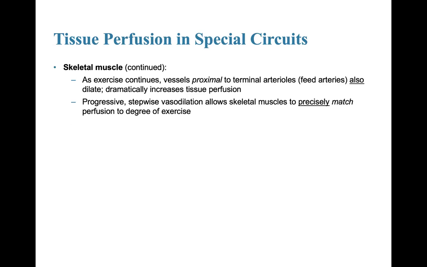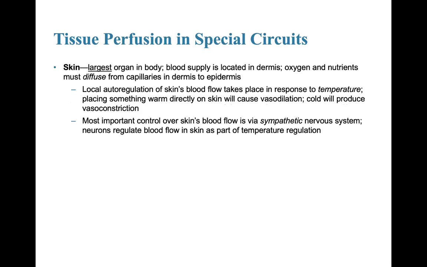As exercise continues, vessels proximal to the terminal arterioles, which are referred to as the feed arteries, also dilate, dramatically increasing tissue perfusion in the skeletal muscle. Progressive stepwise vasodilation allows the skeletal muscles to precisely match the perfusion to the degree of exercise.